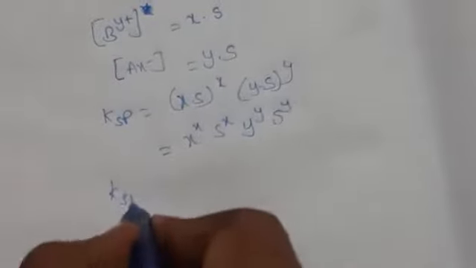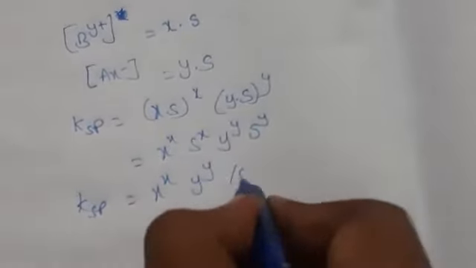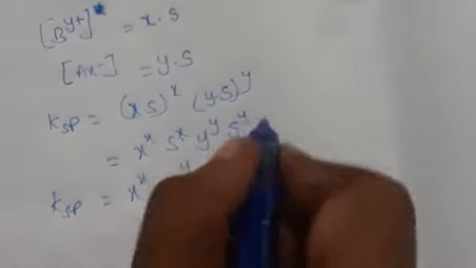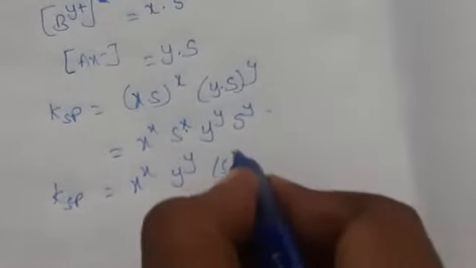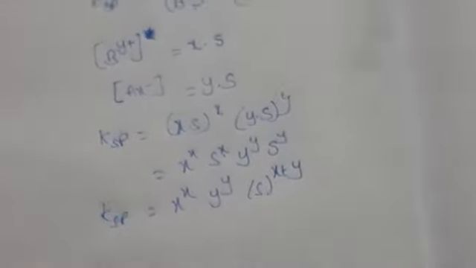Then you are going to get Ksp is equal to x power x into y power y into S, it is in the form of a power m into a power n, so a power m plus n. So you are going to get S power x plus y. So this is the relation between solubility and solubility product.